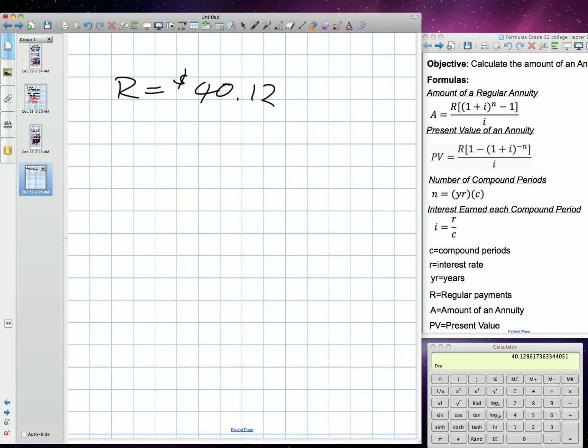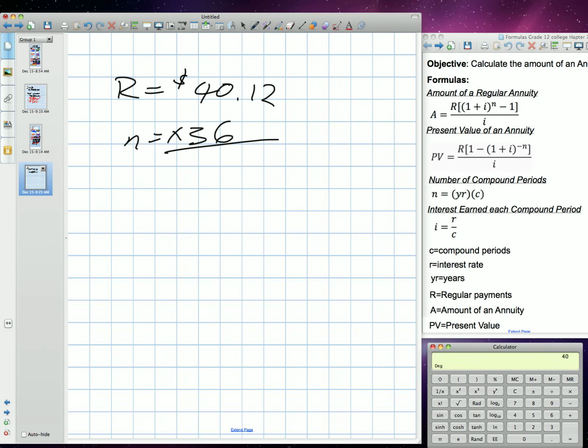That's right, which was our N. Our N value was the number of compound periods, 36. So in order to figure out how much he actually pays, what do I do with these two numbers? You've got to multiply them. So we have 40.12 times 36.